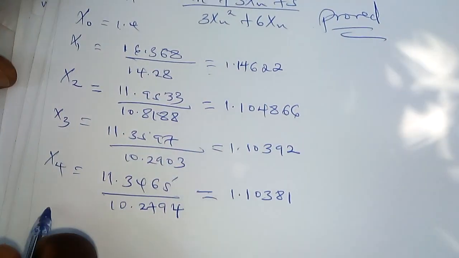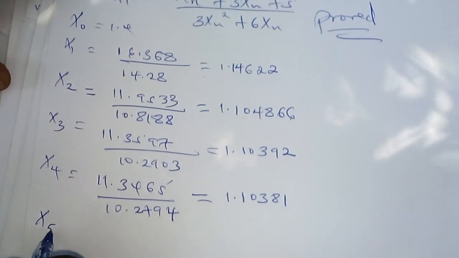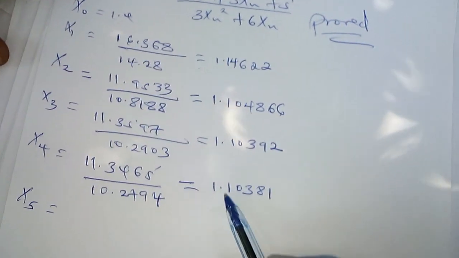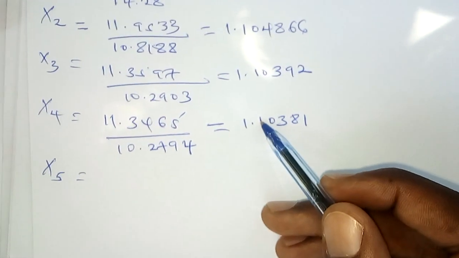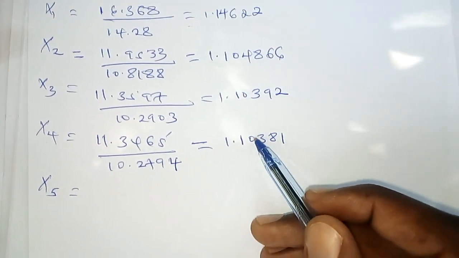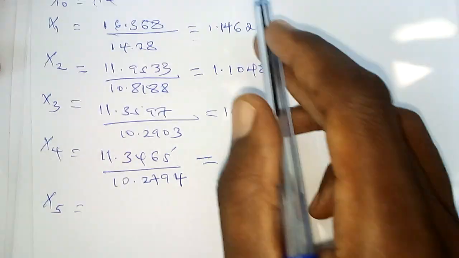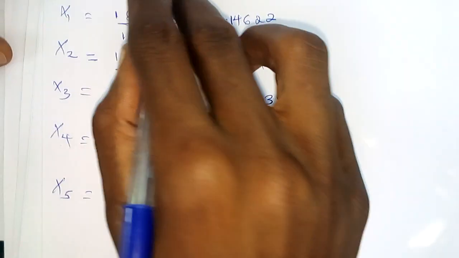And now for you to get x5, again substitute this one. I'm using 5 decimal places, 1 2 3 4 5. Now let us substitute this one within the expression in place of xn.